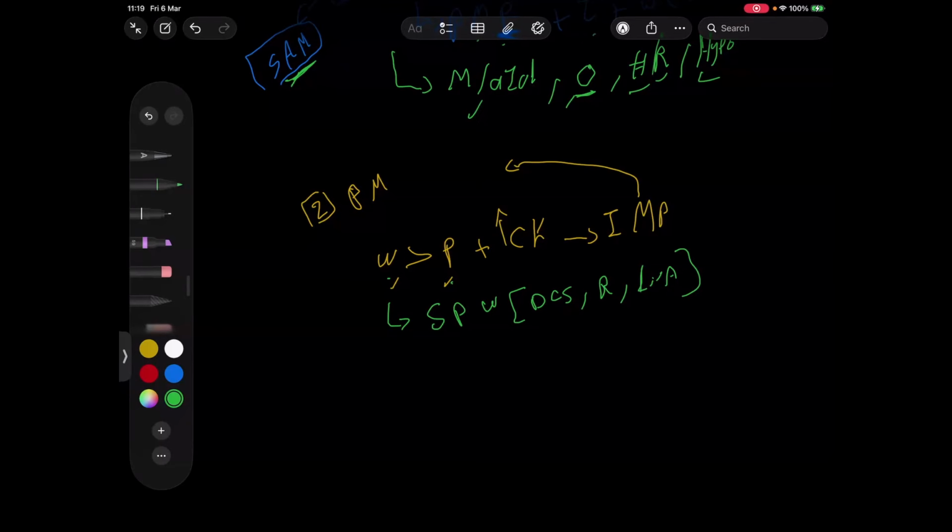Is this patient coming to you with hypothyroidism? So if you have weakness more than the pain plus CK is high, polymyositis. In SAM, CK is going to be normal unless you have rhabdomyolysis.